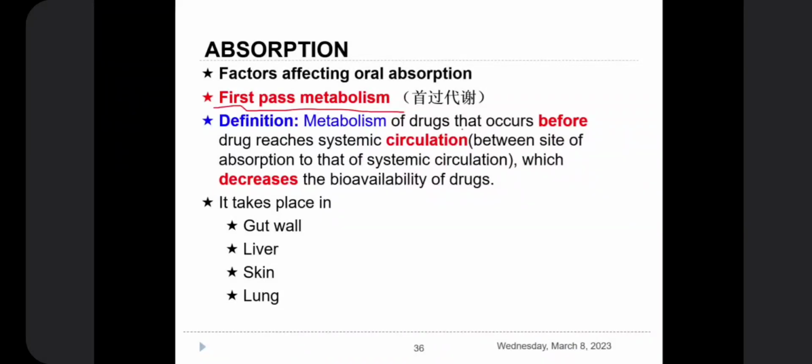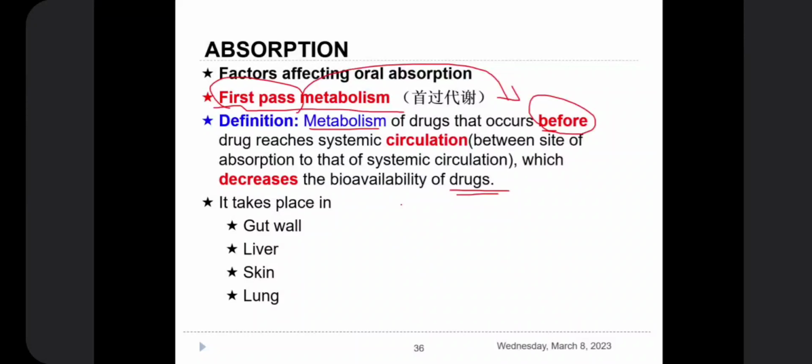What does first pass mean? It means the metabolism will occur before the drug reaches the systemic circulation, and the final result is that it will decrease the bioavailability of the drug.